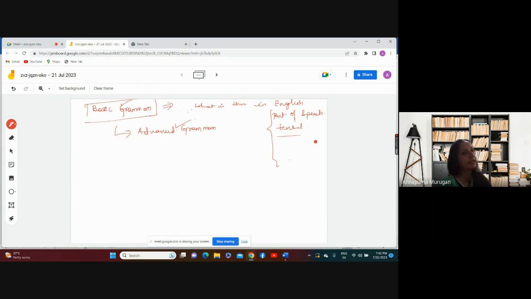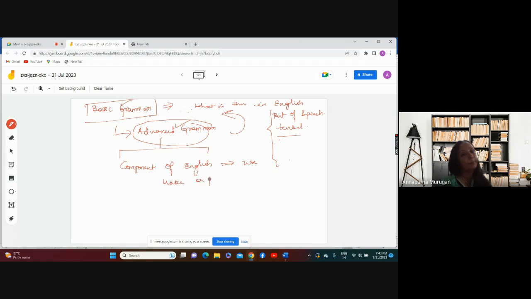Now, what is this advanced grammar then? In basic grammar you will be knowing what is there, whereas in advanced grammar you will see how the components of the English language need to be arranged or used to make a perfect sentence.